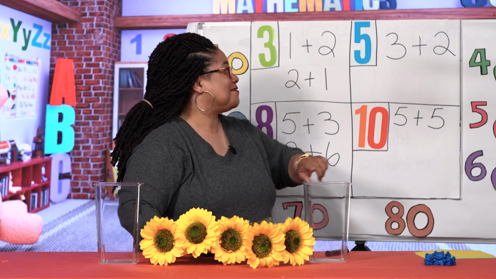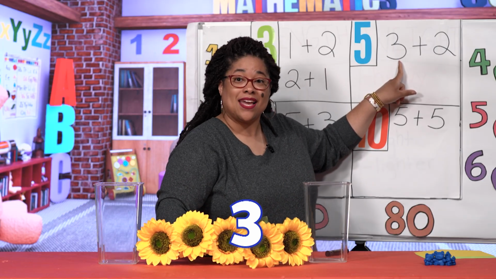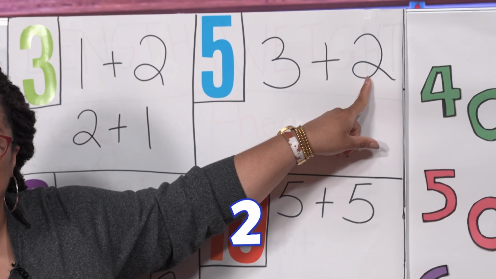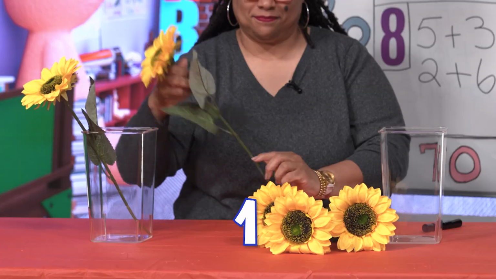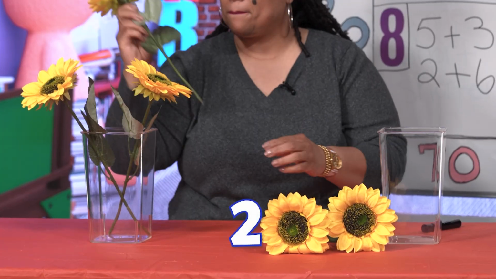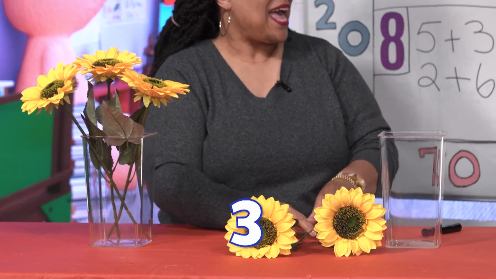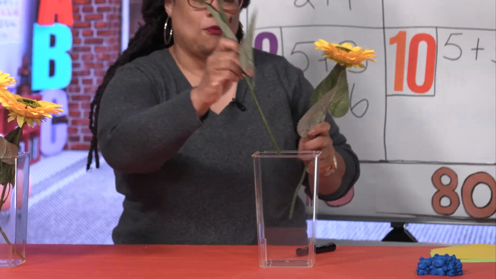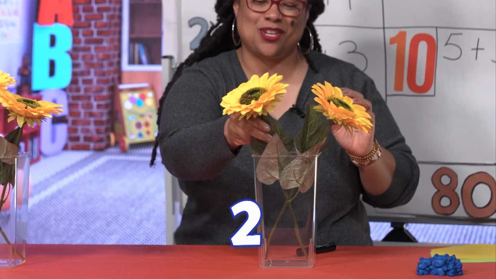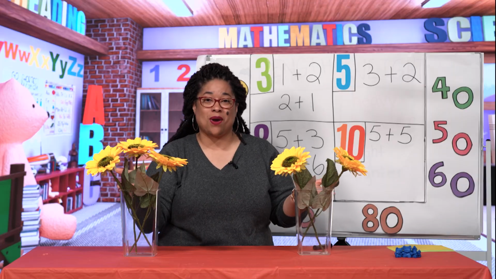Let's take a look. I have 3 and 2. 3 is the first number. 1, 2, 3. And 2 is the second number. 1, 2. And it works.